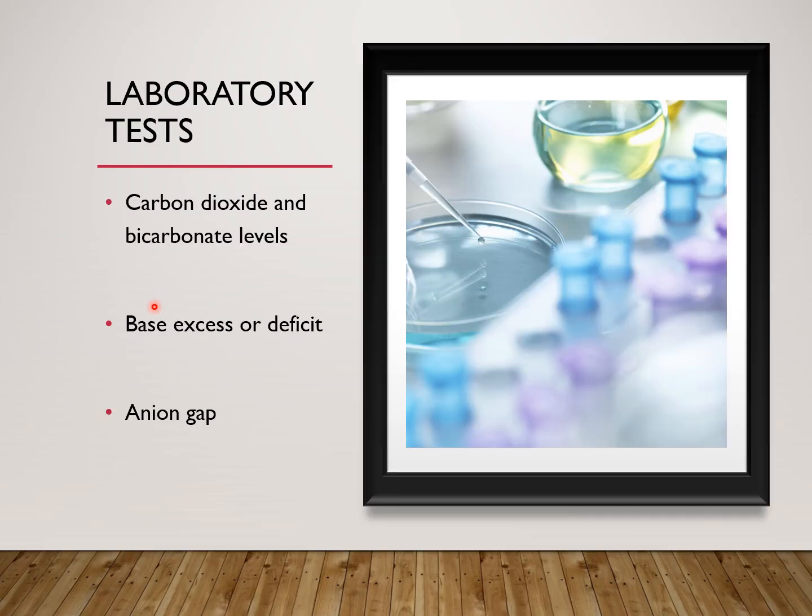With acid-base, there will be some laboratory values and normals that you're just going to need to know to be able to interpret what's going on with someone's acid-base balance. One of them is carbon dioxide levels, what we call PCO2. Normal PCO2 within the body is 35 to 45 millimeters of mercury. So it's a gaseous pressure that we use.